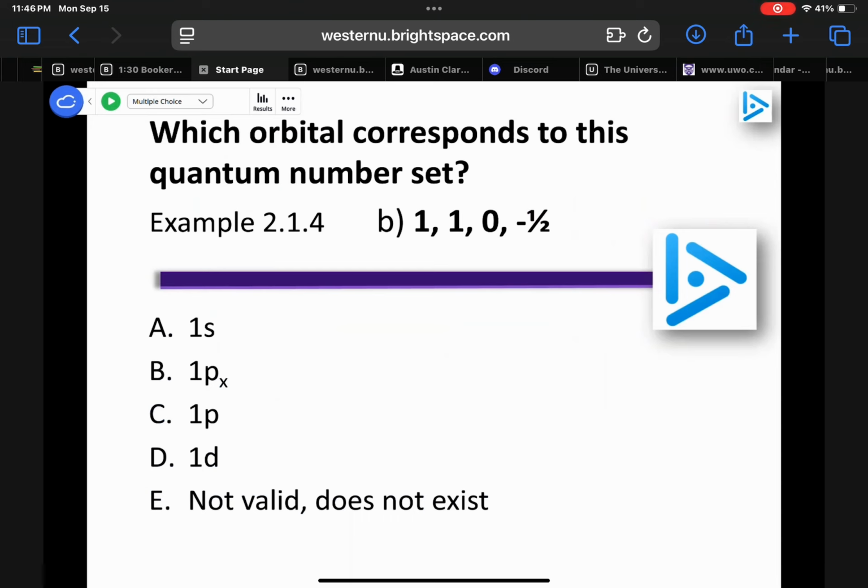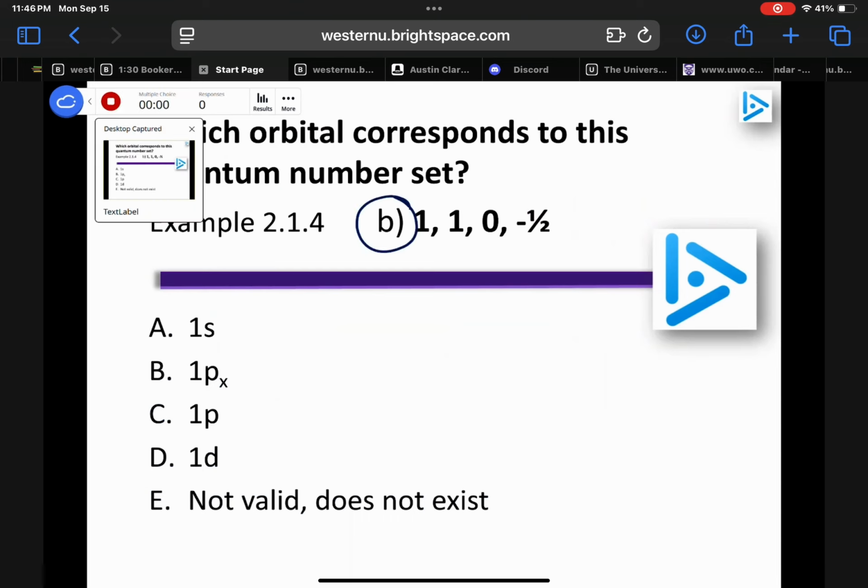Okay, now your turn. This is part B. Chat with the person beside you. Which orbital, if valid, do these quantum numbers communicate? Chat with the person beside you and convince them that you're right.